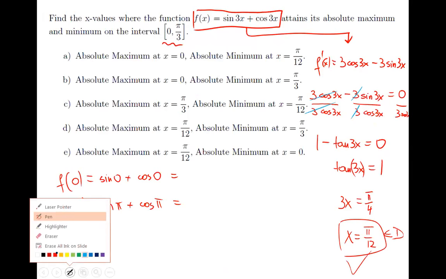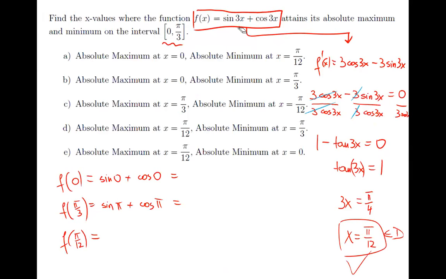Okay, and now if I substitute pi over 12, 3 times pi over 12 is pi over 4. Okay, are you ready to tell me the values? Because I am preparing. Sine at 0 plus cosine at 0. What's the value? 1. 0 plus 1, 1.